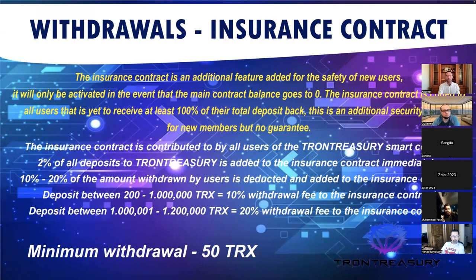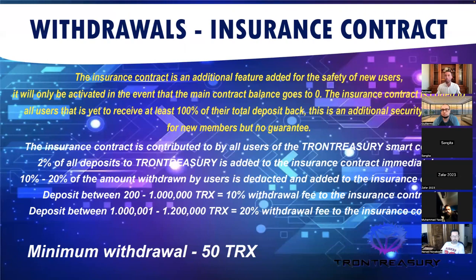Now, the insurance contract is contributed to by all users of the Tron Treasury Smart Contract in these 2 ways. As we know, the 2% of all deposits to Tron Treasury is added to the insurance contract immediately. Secondly, 10 to 20% of the amount withdrawn by users is deducted and added to the insurance contract as well. And why is that? Well, if you are withdrawing from Tron Treasury, you are making money.